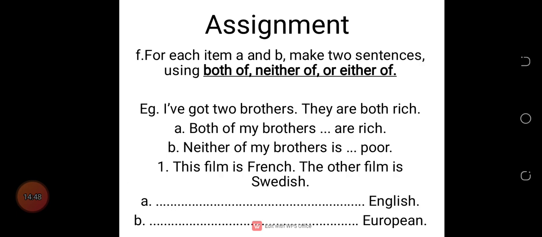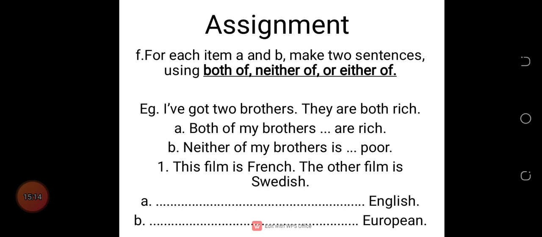Okay, let's look at the assignment quickly. So this is what we are going to do. We're going to use both of, neither of, or either of. Just these 3. And we will read the sentences and then use them correctly. So the example you have, I've got two brothers, they are both rich. So A, both of my brothers are rich.